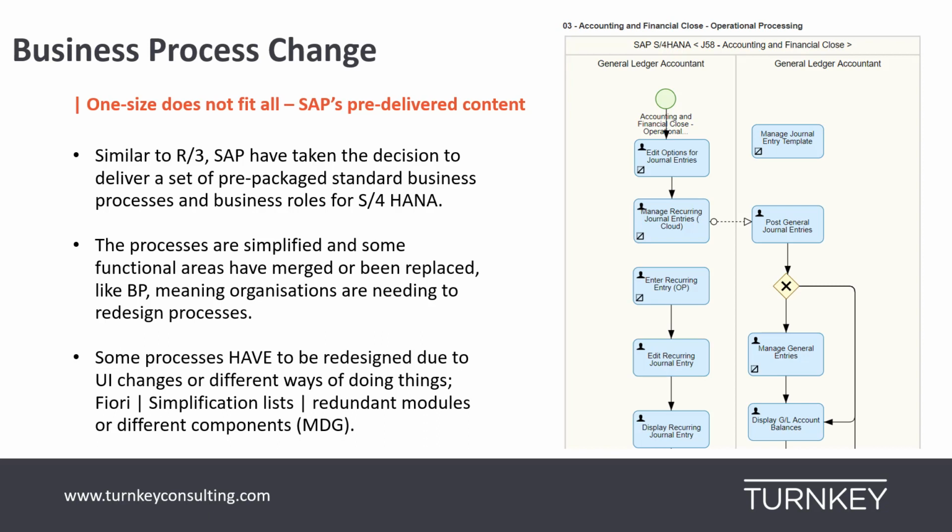So if you are adopting the off-the-shelf business processes and business roles, please ensure that you are looking from a security perspective at how you can segregate those and have different iterations of these general ledger accounts based upon security design principles. But similar to R3, SAP have released the best practice, as they call it, business processes and business roles, again with the same inherent access risks that R3 typically had as well.